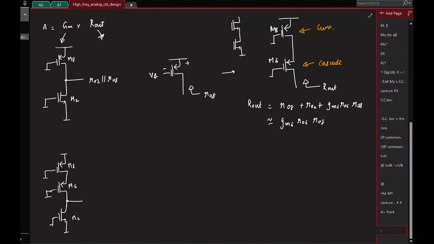Now what is the output resistance here? If I just put a cascode on one side, the output resistance is R02 in parallel with whatever you calculated, this big guy. So what is this finally dominated by?